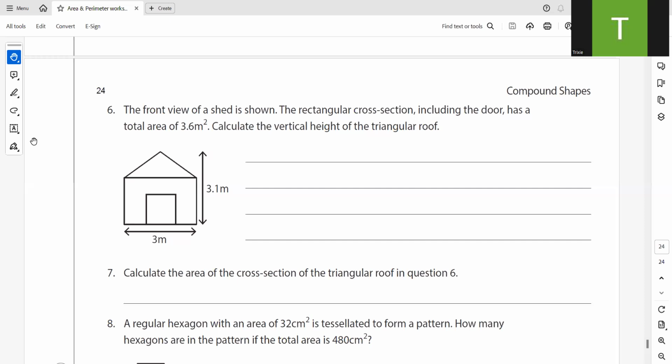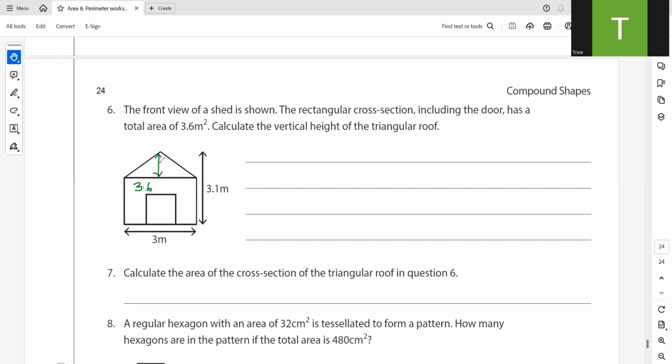Question 6. The front view of the shed is shown. The rectangle cross section, including the door, which is this whole part, has a total area of 3.6 meters squared. Calculate the vertical height of the triangle roof. So the part that we need to find is here.